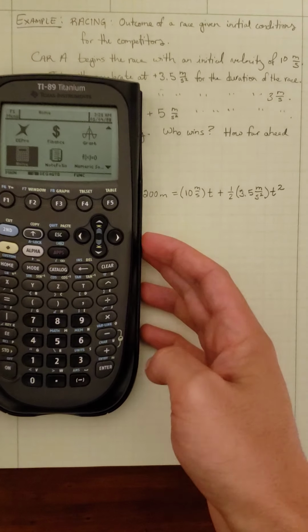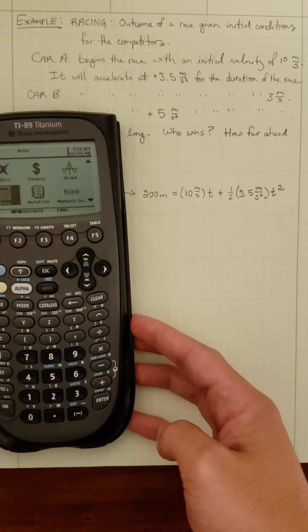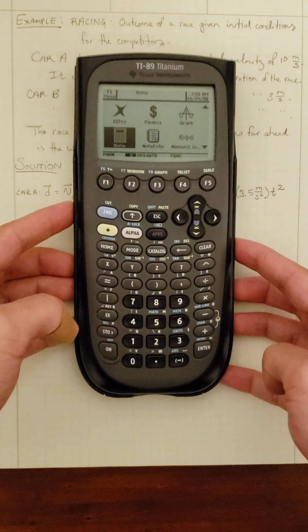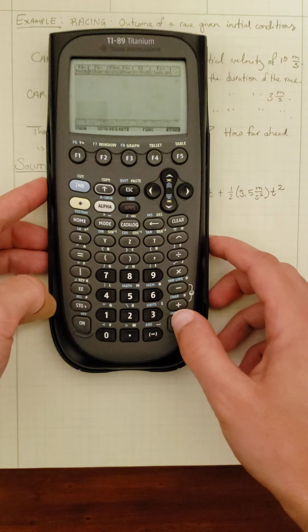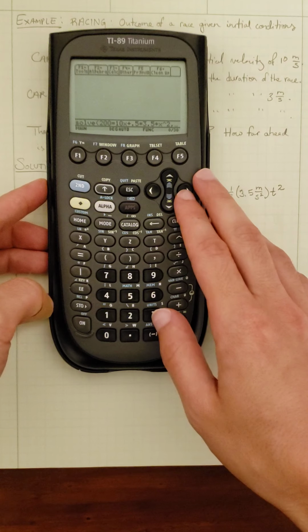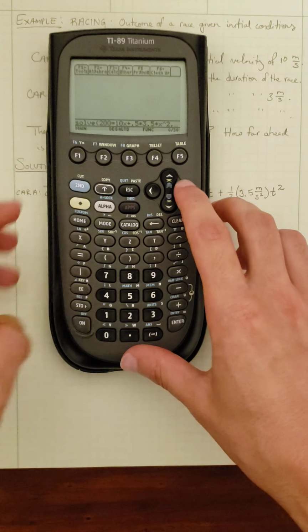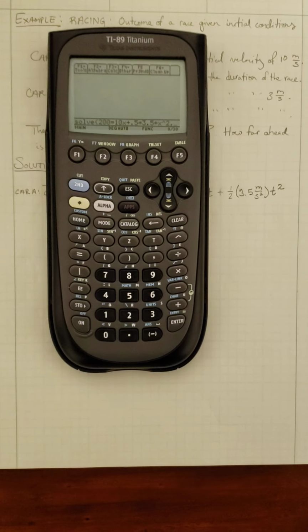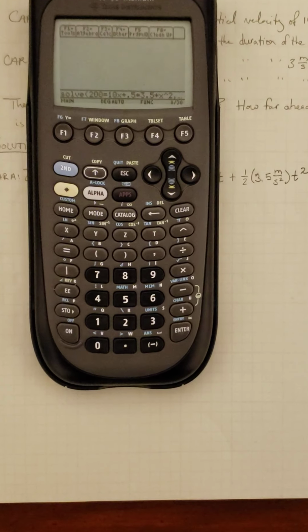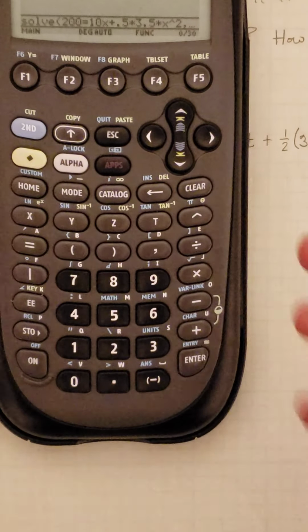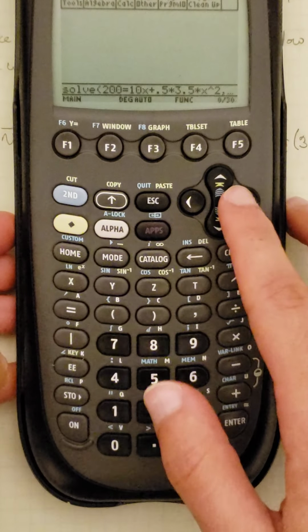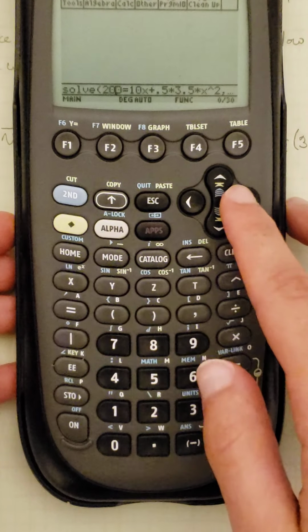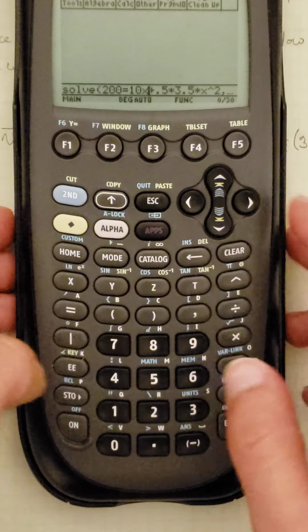And let's see. Can I put it up here? Yeah, let's do that. Can you see what's on the screen there? You can, can't you? So you see I've pre-entered it. And you've got solve. 200 equals 10x.